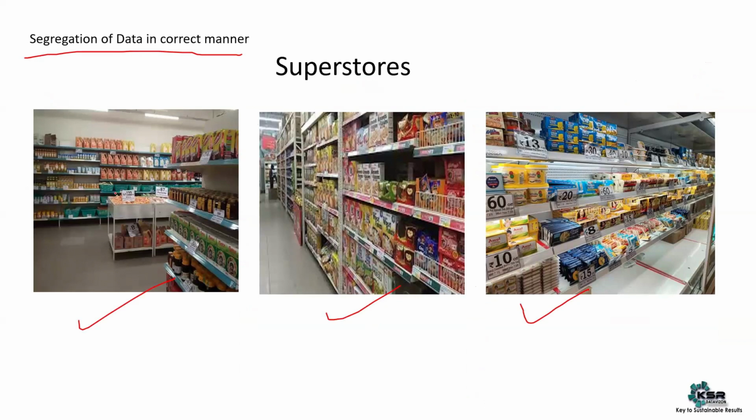You can purchase a product because it is very easy to find. The data is organized. The prices are also displayed. You can see the boards. So it is very easy to understand what the price is, what amount we are spending on this product. So if you visit a normal shop, it's very easy.